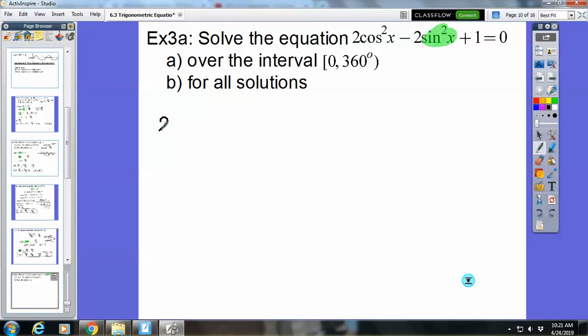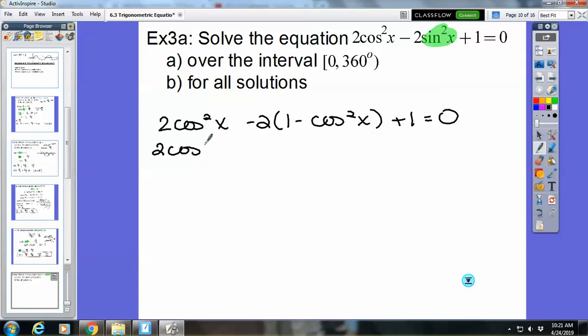So let's replace, it doesn't really matter, let's replace sine squared of x. So I'm replacing sine squared with 1 minus cosine squared x. It's kind of the trick you had to use during your last problem on the homework.